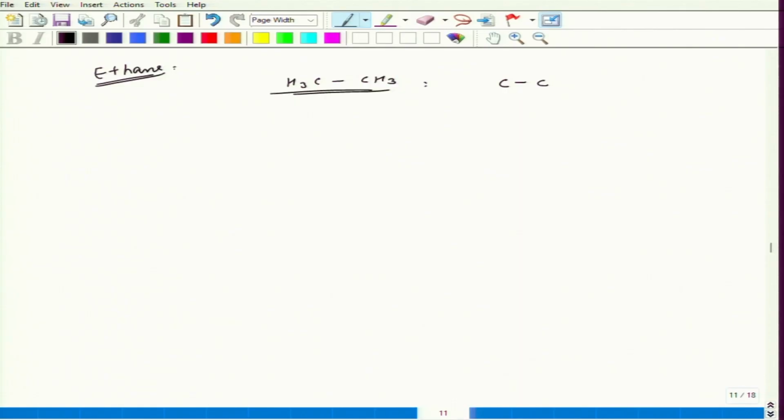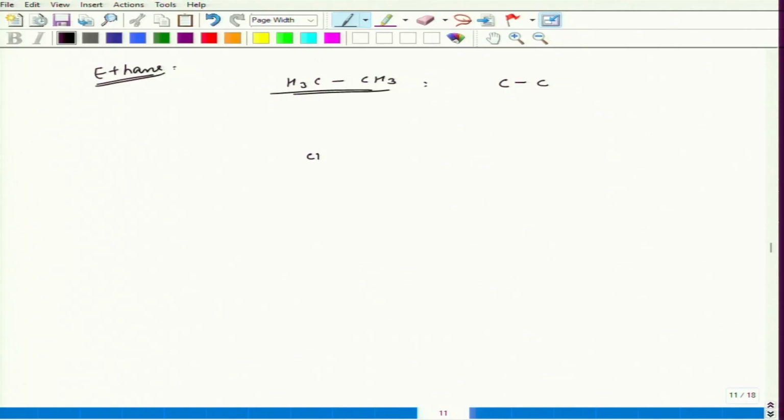So, what we have to do is keep one atom stationary and rotate the other atom and see which conformations are possible. This is a CH3, this is a CH3. Keep this stationary, fixed, and do rotation around this bond and see what different conformations are possible.